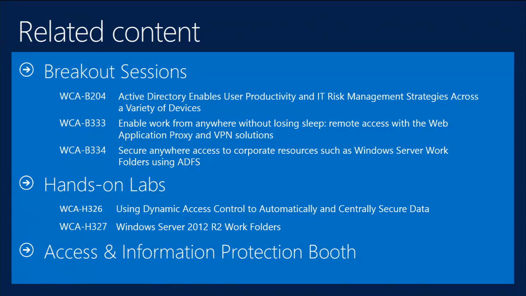In your example, you had work folders pointing to storage local on that file server, right? Is your best practice to do that or use an SMB file share? Yep. So the question is, what's the best practice related to storage on the server?